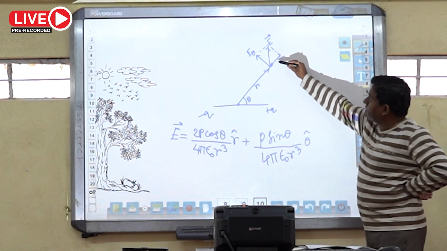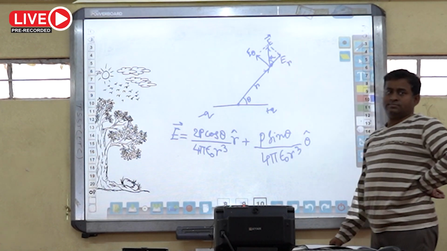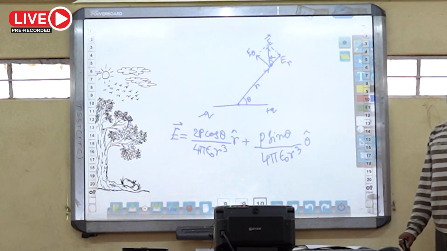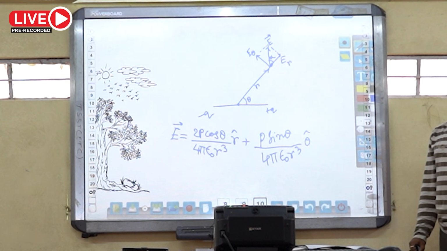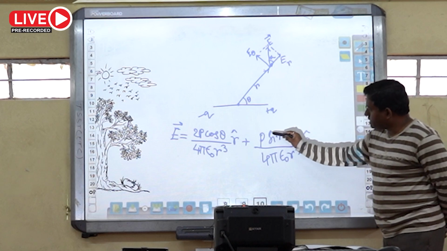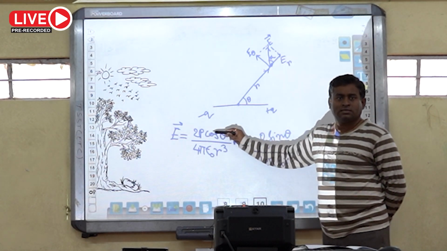Now let us consider this angle between these two components is alpha. So we can write E theta by ER equal to tan alpha. Now this one is your E theta, this one is your ER.